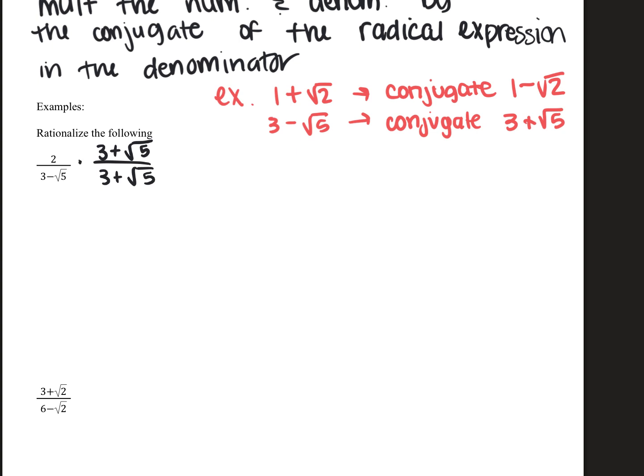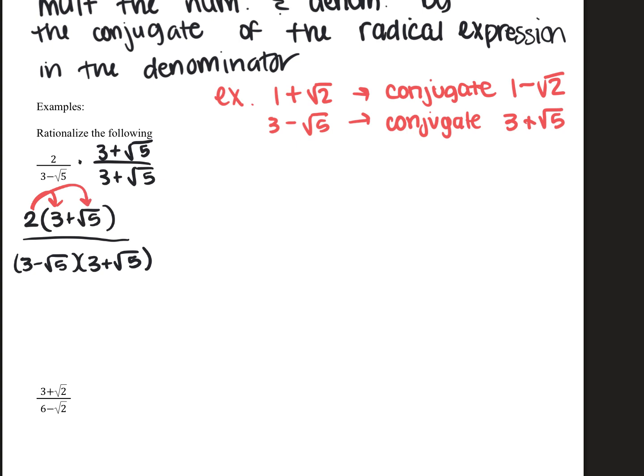And then I'm going to go ahead and write my numerator and denominator. So we have 2 times 3 plus radical 5. And my denominator is 3 minus radical 5 times 3 plus radical 5. So now I have multiplication in my numerator and denominator, just like what we did at the beginning. So I'm going to distribute into the parentheses in my numerator.